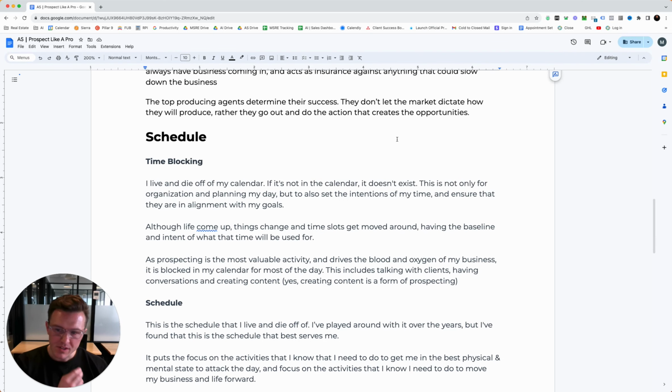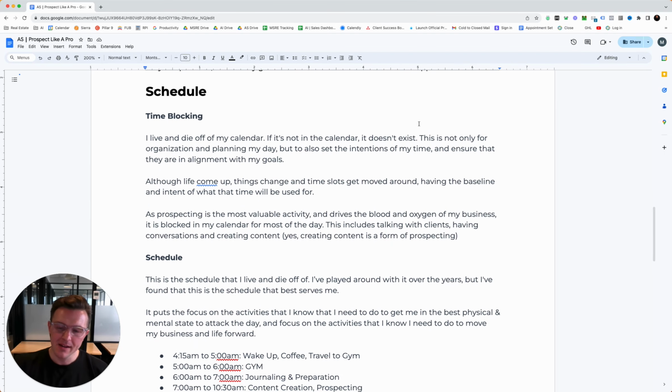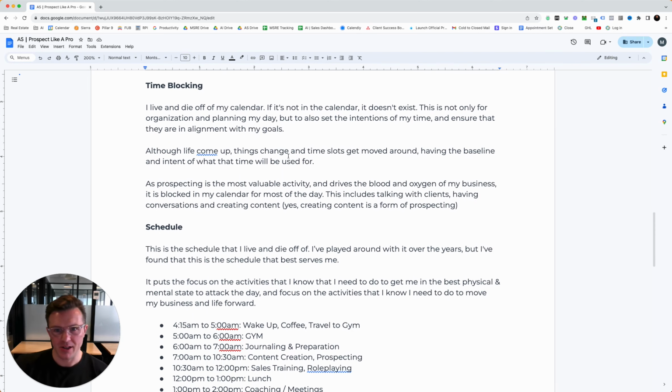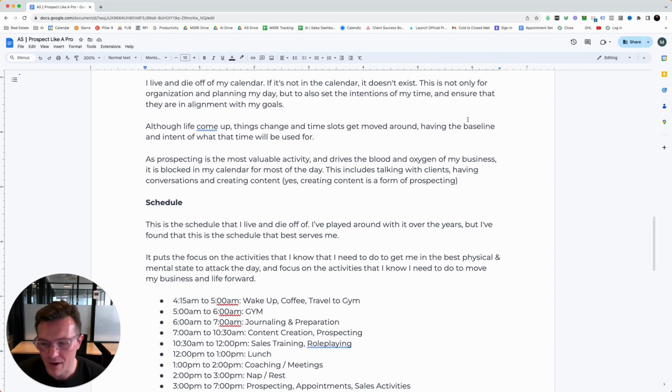Okay. So now what's important is the schedule, right? For me, I live and die off of my calendar. If it's not on my calendar, it literally doesn't exist. If you don't send me an invite, if it's not blocked off, it's not happening. It's so important, not just for organizing and planning my day, but it also sets the intentions of my time.